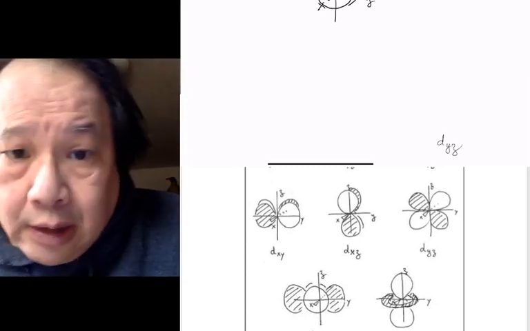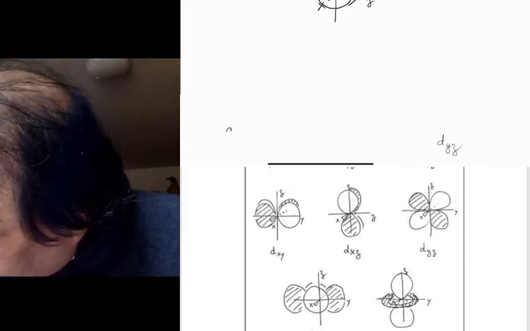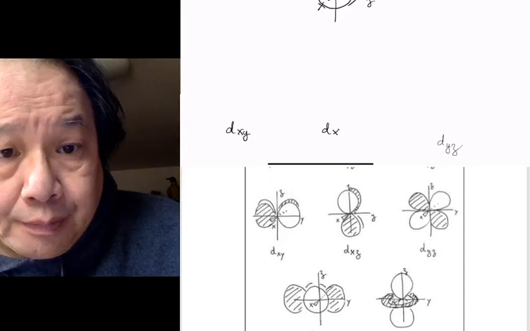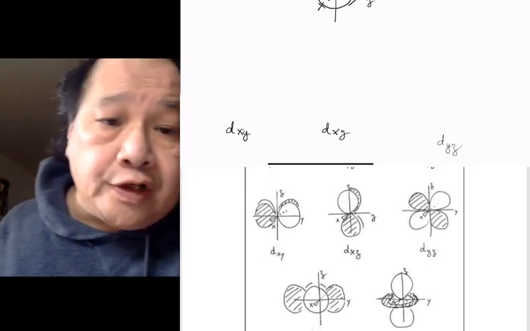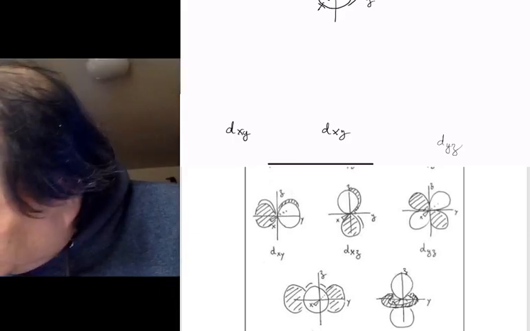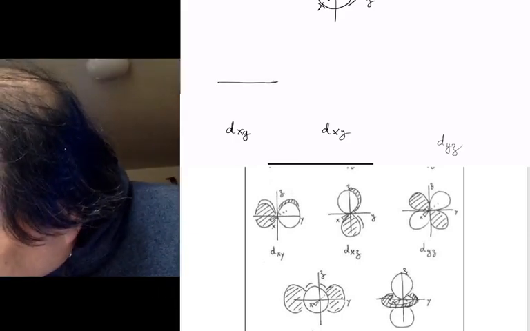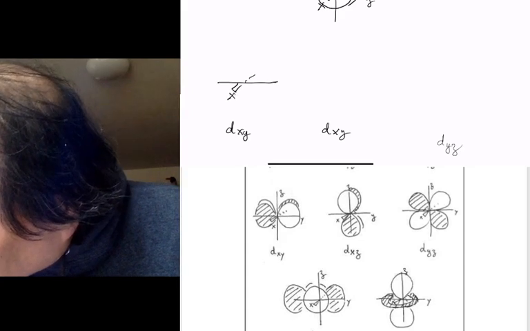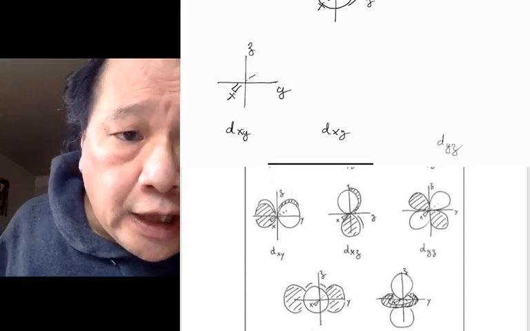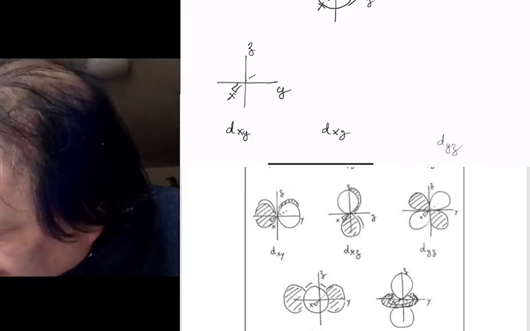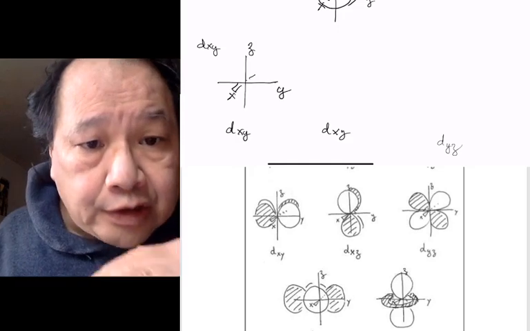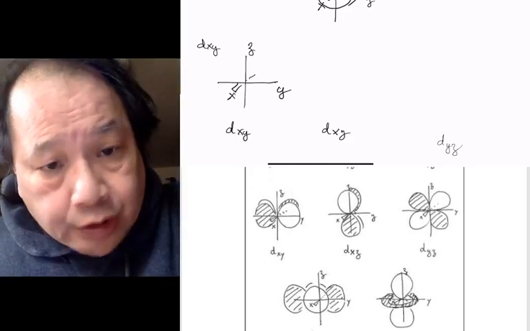dxz and dxy are also clover leaves, but in the xz plane and xy plane, and I'll draw one of them. Here's the x-axis, the y-axis, and the z-axis, and the dxy is in the xy plane, which means that the clover leaf is horizontal.